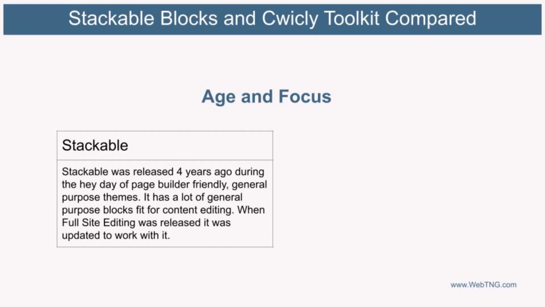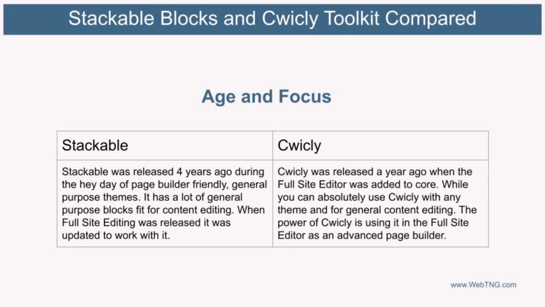And then when last year full site editing was released with Core, Stackable was updated to work with that as well. If we look at Cwicly, Cwicly was released just a year ago when full site editing was added to Core. So while you can absolutely use Cwicly with any theme and use the Cwicly blocks for creating general content, the power of Cwicly is using it in the full site editor as an advanced page builder.